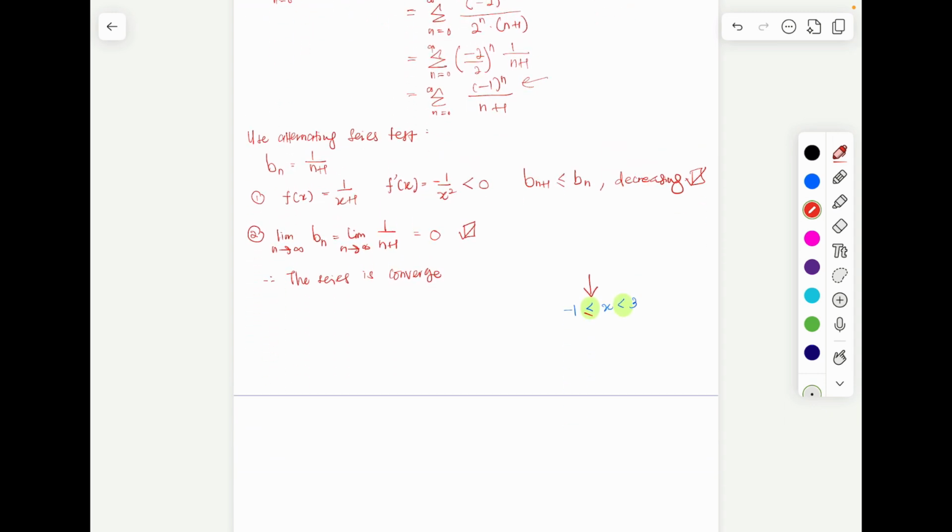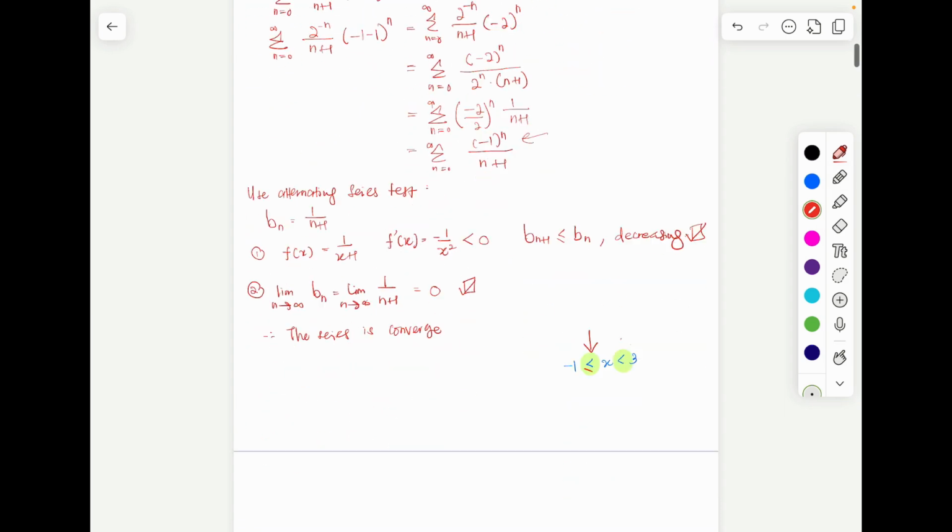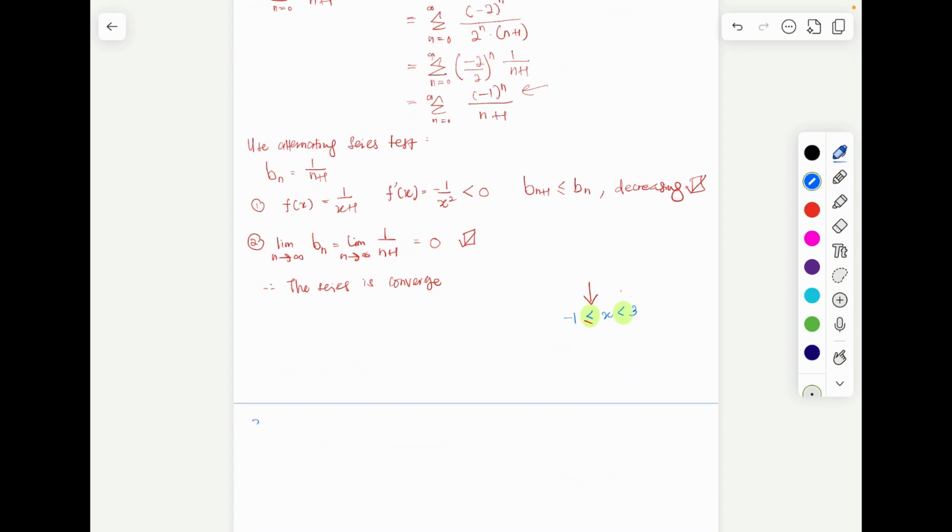So negative 1 is also included. Then we check for this one. Is it x lesser than 3 or x lesser than or equal to 3? So we check x equals 3.